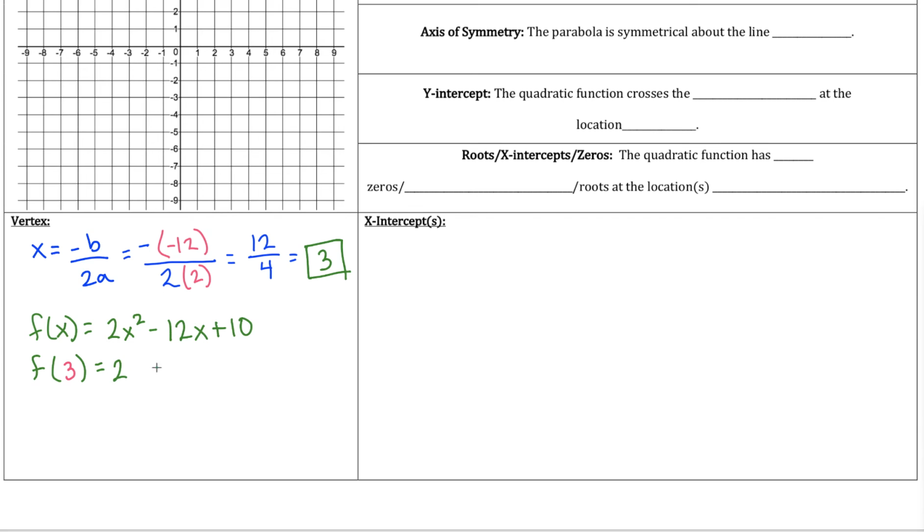And so I get 2 times 3 squared minus 12 times 3 plus 10. All right, let's do this math. Exponents first: 3 to the second power is 9.